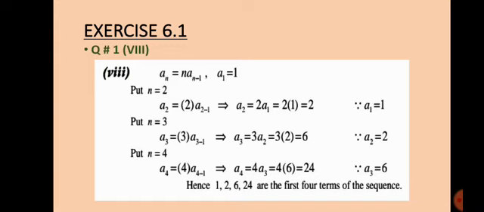When we put n is equal to 4, a4 is equal to 4 into a_(4-1), so a4 is equal to 4 a3, 4 into 6, 6 4s are 24. So students, we have calculated the first four terms of the sequence, that are 1, 2, 6 and 24.